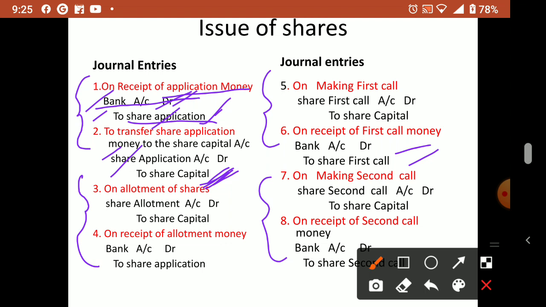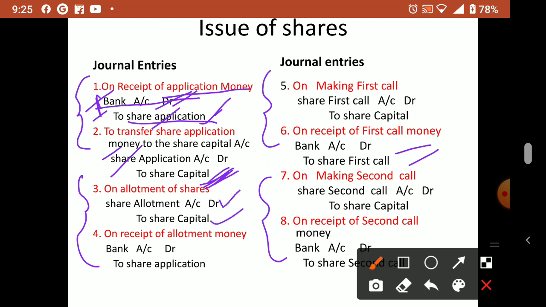Now for those shareholders from whom we received application money, we can allot shares. While allotting shares, in the first stage bank came first. In the next stage, the company has to move first, meaning the company has to allot shares first. So for allotment we write: Share allotment account debtor to share capital.